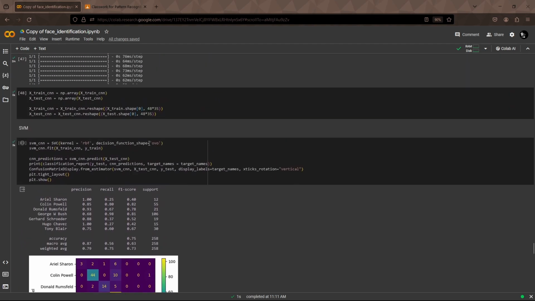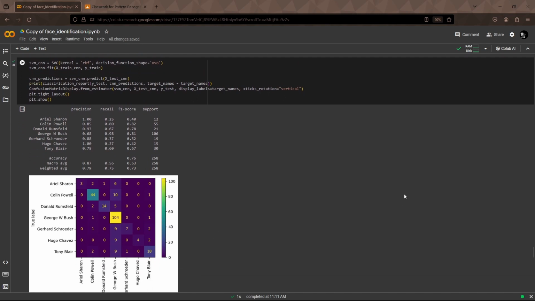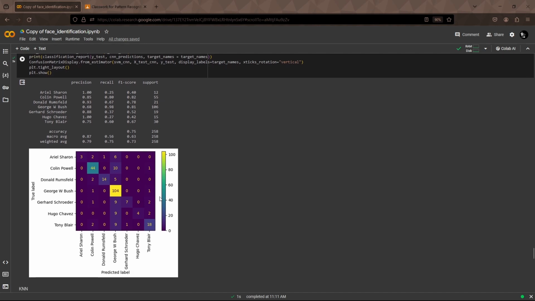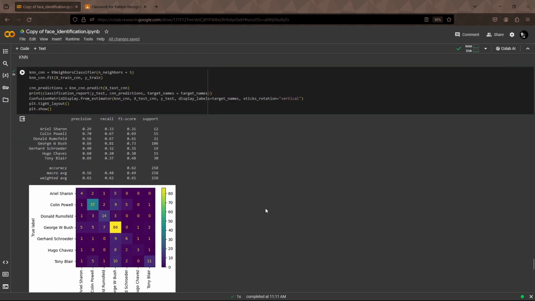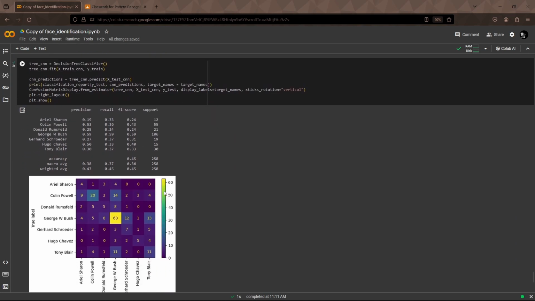So maybe if we try experimenting with different parameters of n neighbors, or try tinkering with the convolutional layer, we will find a much better accuracy. And for the decision tree, the accuracy has gone down to be equal to the accuracy for LBP, and the other parameters also. The matrix also does not look much better because it is distributed all around the place.